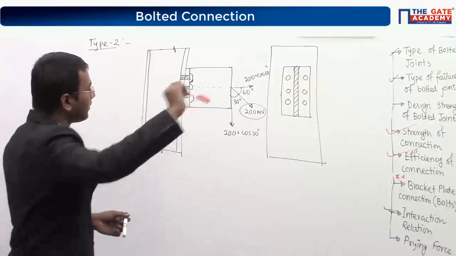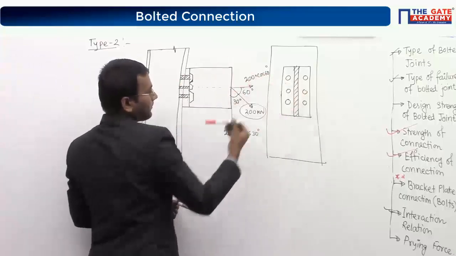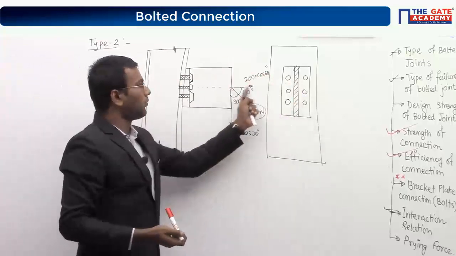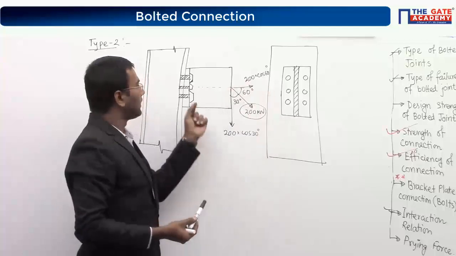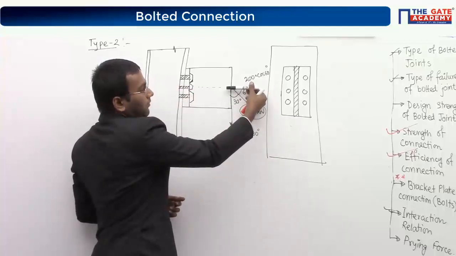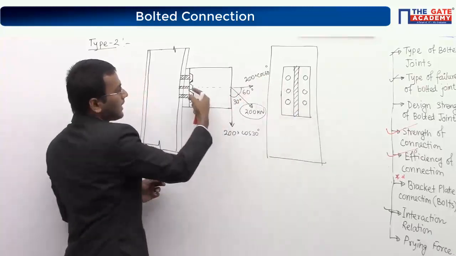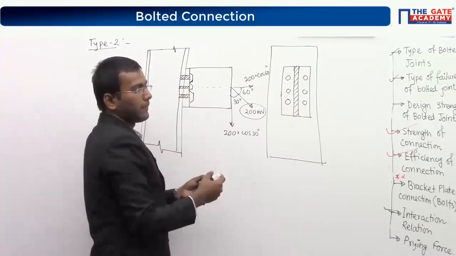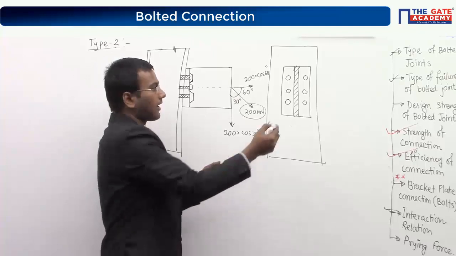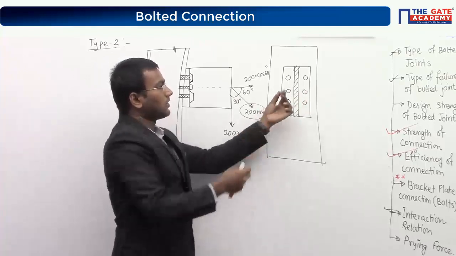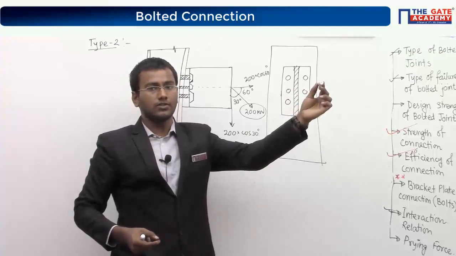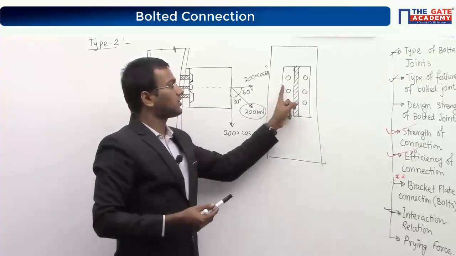When I apply this load in this direction, this component value, what is happening? It means you are applying the force in this way on the bracket plate, but the bolts are attached here like this. So basically you are applying a force in this outward direction, and the bolts are attached in the inward direction.